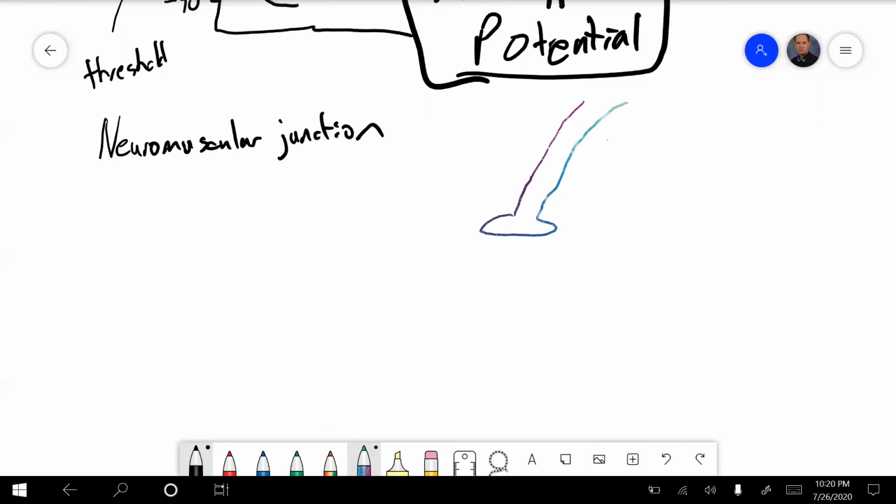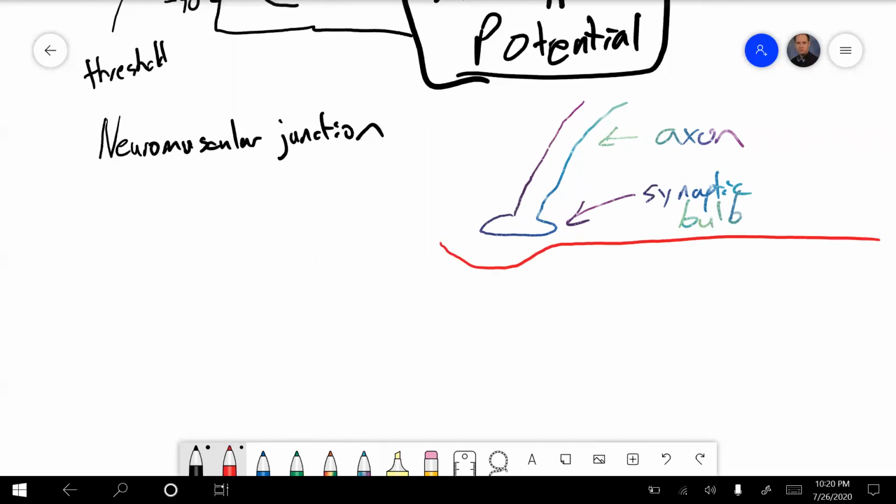Here we have our neuron. This part of the neuron is called the axon. And this part is called the synaptic bulb. Down here we'll make our muscle fiber. So this would be the sarcolemma, the cell membrane of the muscle cell.